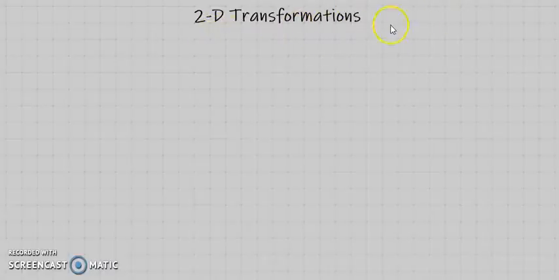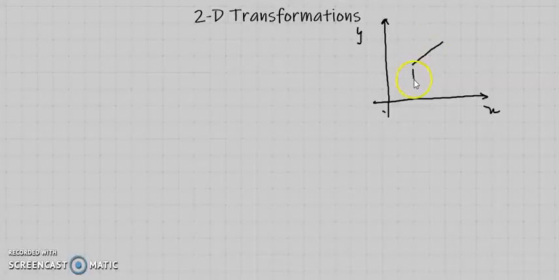Okay, so once I have the object with me, say I am going to draw a 2D coordinate system here. This is my x, this is my y. I am just drawing a line out here with this as my first point, this as my second point.